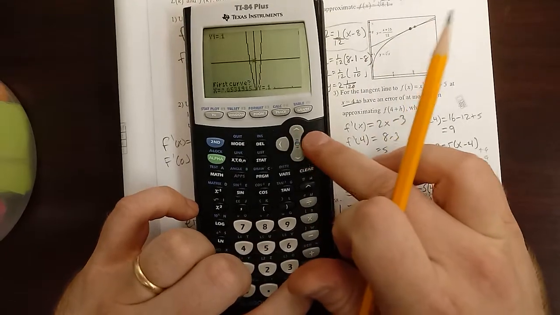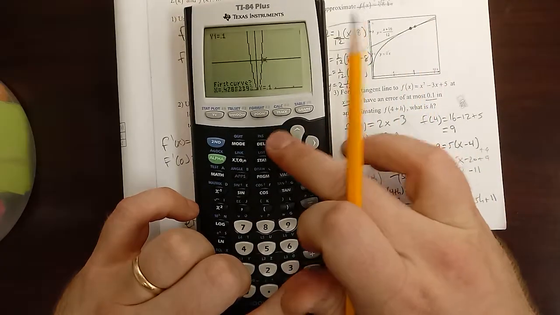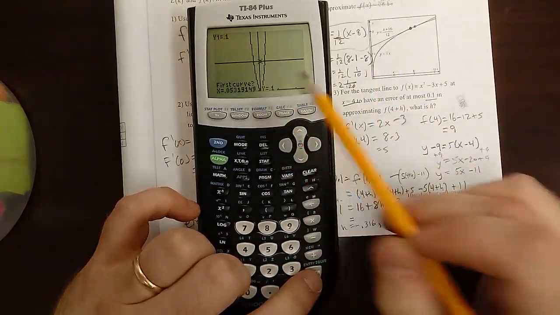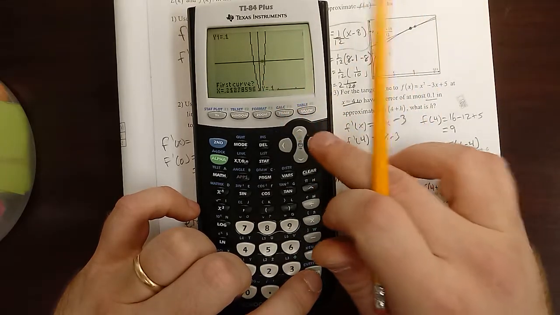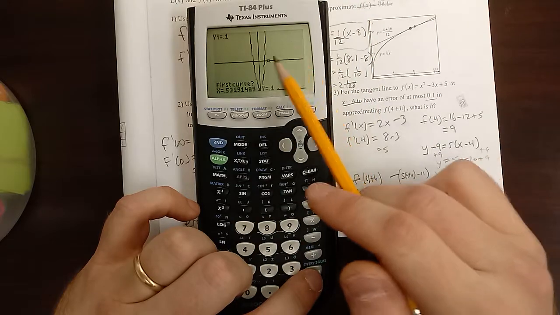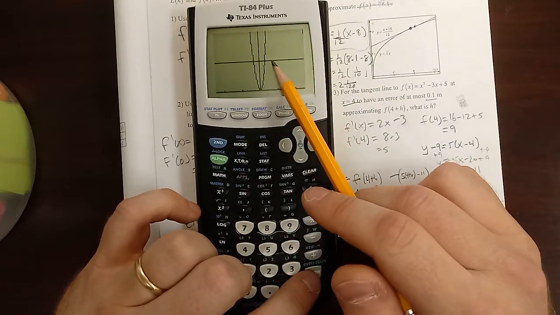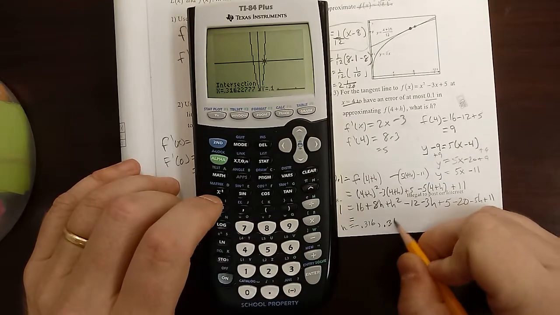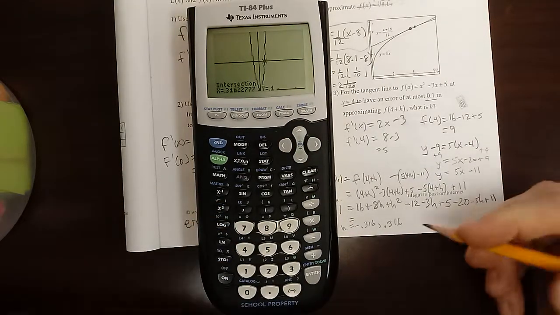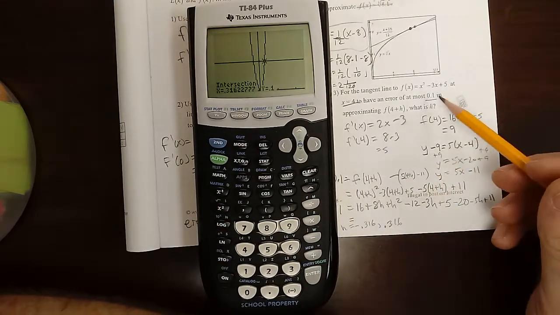Intersect, go over here. So notice, here's the thing, if I go in between the two, it might go back to that other one and find the intersection point again. So I want to go over here, and I'm going to push enter over here on these. Now I know the first place it could possibly run into is that one. Oh, point. So these are my two possible h values where it equals 0.1, but I would like my error to be 0.1 or less.